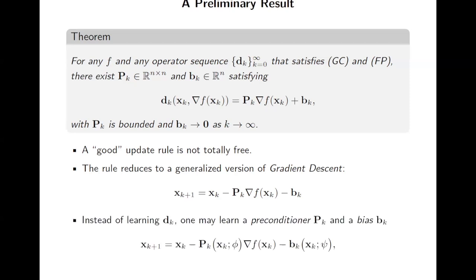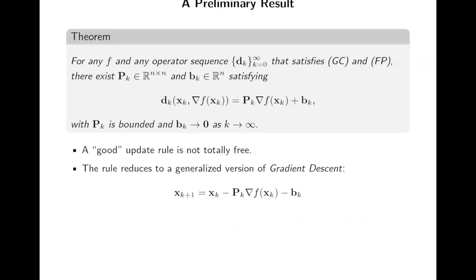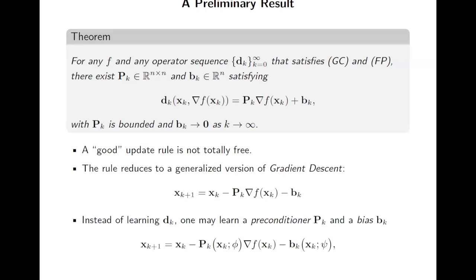Here pk can be viewed as a preconditioner, and bk is a bias term. In our theory, we find that bk must vanish asymptotically.